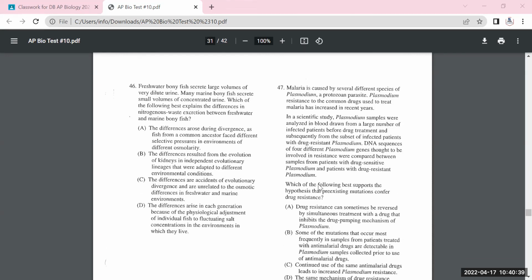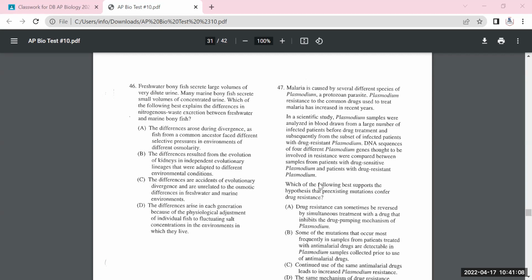47, malaria is caused by several different species of Plasmodium, a protozoan parasite. Plasmodium resistance to the common drugs used to treat malaria has increased in recent years. Not good. In a scientific study, Plasmodium samples were analyzed in blood drawn from a large number of infected patients before drug treatment and subsequently from the subset of infected patients with drug-resistant Plasmodium.